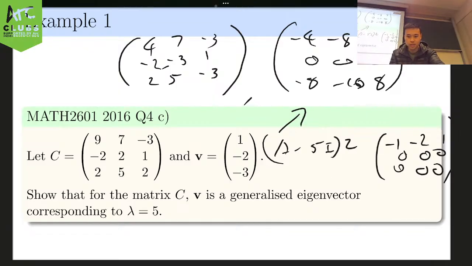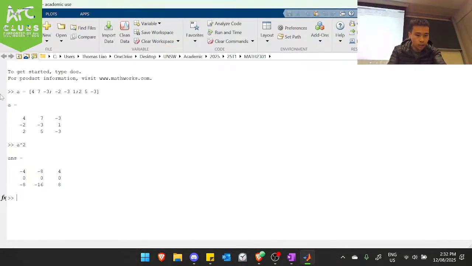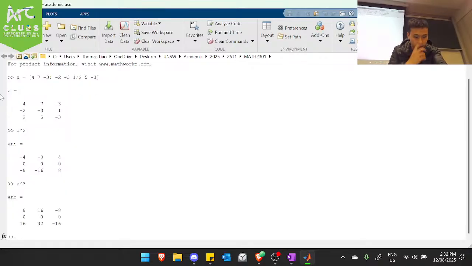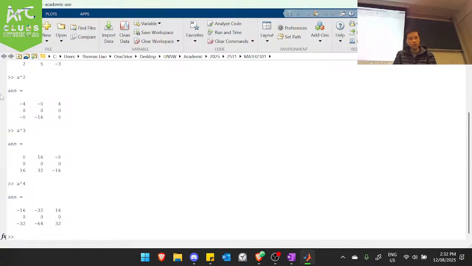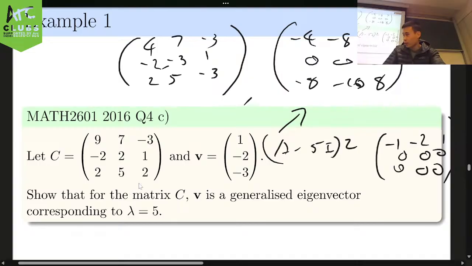But we basically had to square in order to get the eigenvector. And if I do a cube, you see the pattern here: it multiplies by 2 every time. So this thing will go to the zero matrix. You can conclude that. So that's why it may not be infinite essentially.